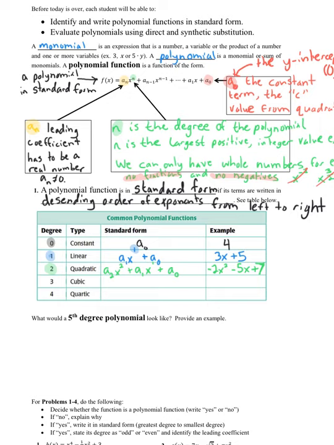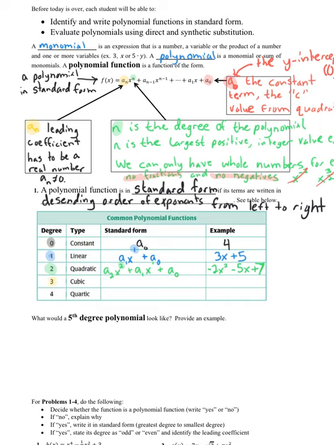So here's an example, negative 2x squared minus 5x plus 7. Notice that with the quadratic function, there's the degree 2. It's saying it's something squared, right? And I don't have to write the degree 1. Like when it was 3x, I didn't have to say 3x to the first power. When it was 5x, I didn't say 5x to the first power there. All right, there's a couple things to keep in mind there.